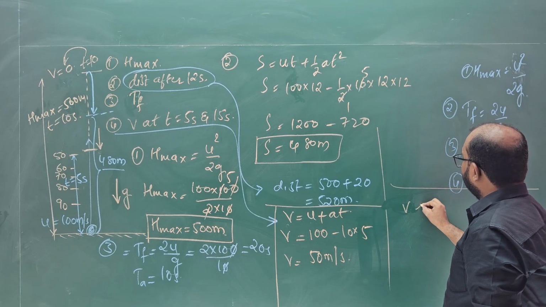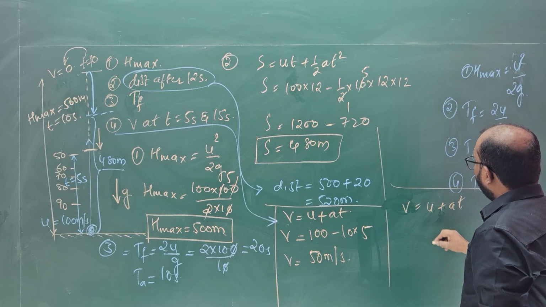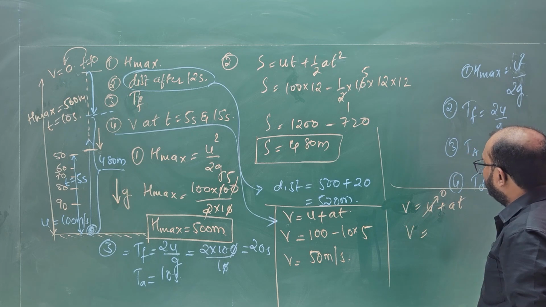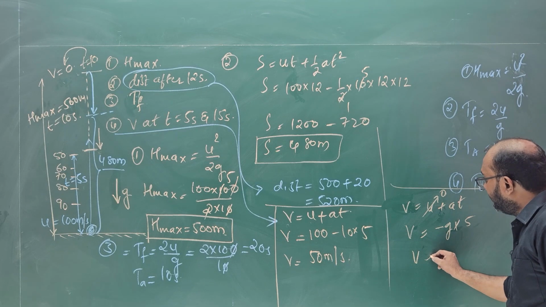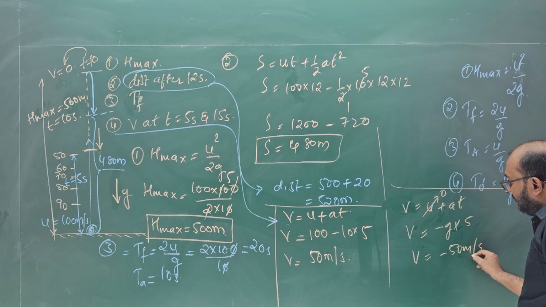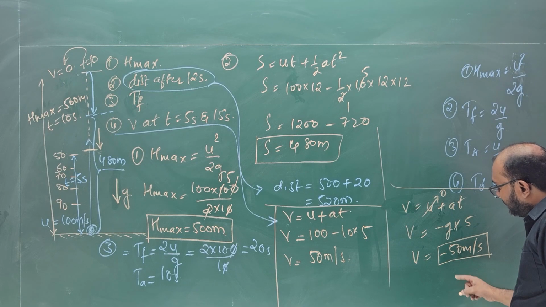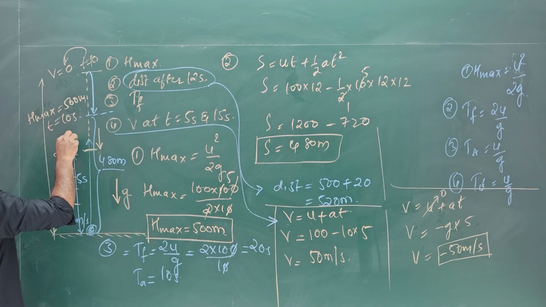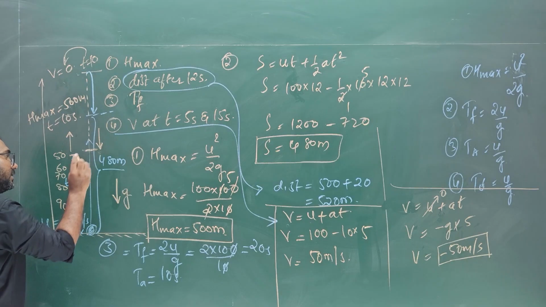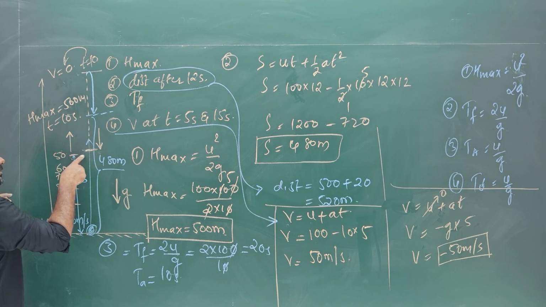So v is equal to u plus at, and initial velocity is 0. So v is equal to minus g into, while returning back, what is the time period? 5 seconds. So v is equal to minus 50 meter per second. Initially during the discussion, I told you that the velocity at this point should be going in the upward direction and the velocity at the same point should be coming in the downward direction. Both will be equal in magnitude but opposite in direction. Understood? Okay, write down everything.